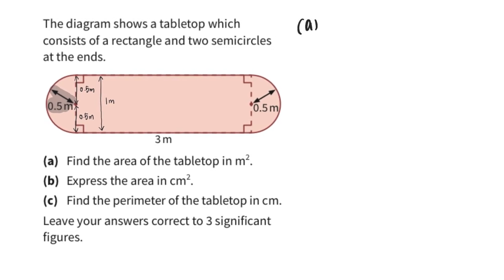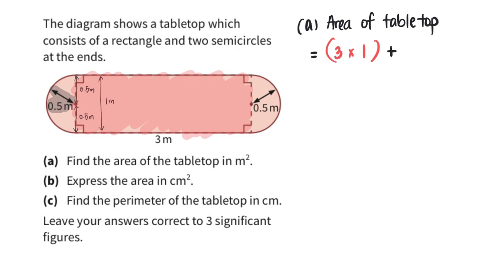So for part A, the area of this tabletop is simply equals to the rectangle. In this case, 3 meter times 1 meter, that's the rectangle, plus the two semicircles, and we have two semicircles of the exact same radius.